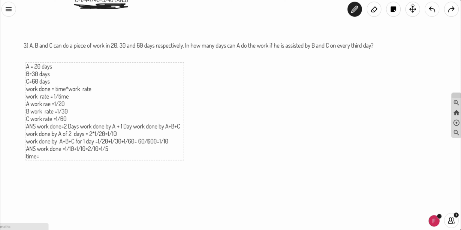So we have the work done, and we can find the time. Time is equal to 1 upon work rate. So we will find the work rate first. The work rate formula is 1 upon time.